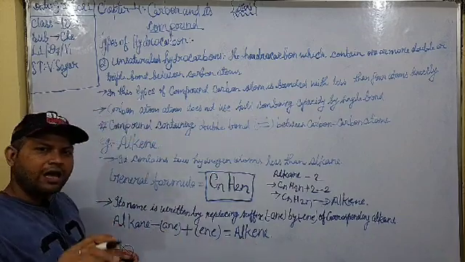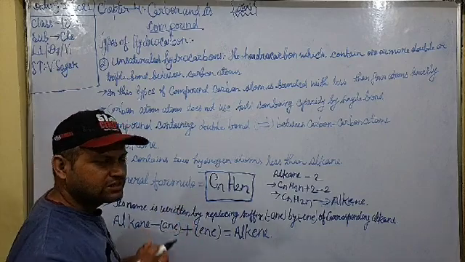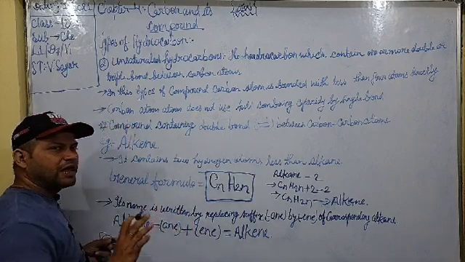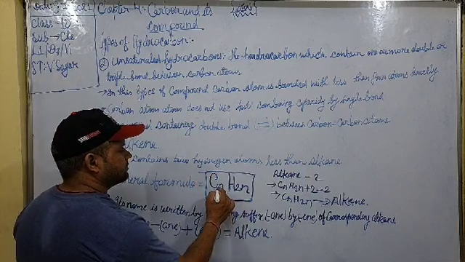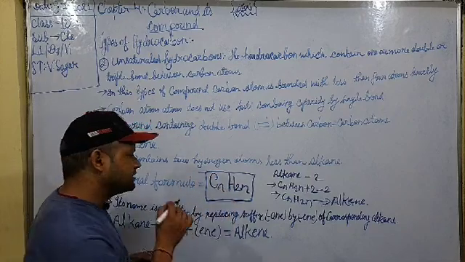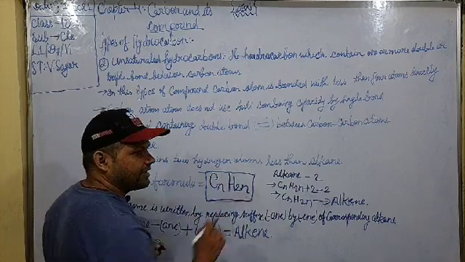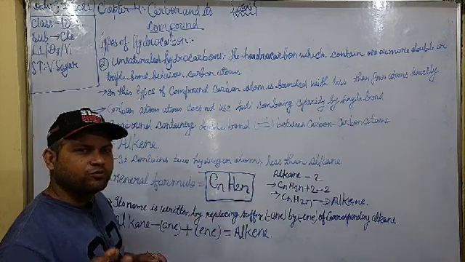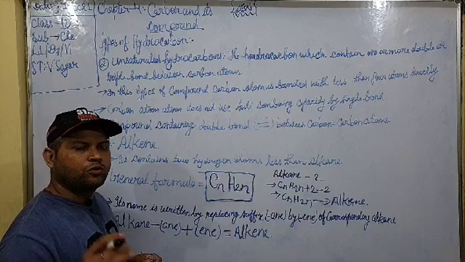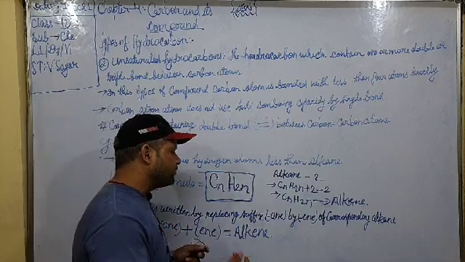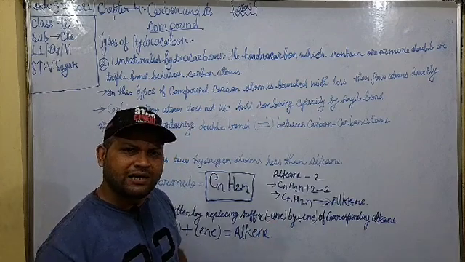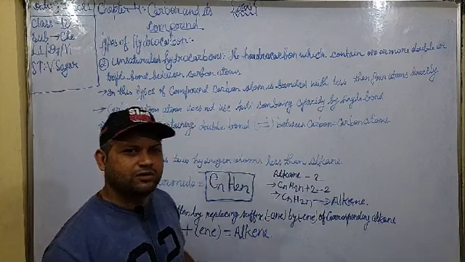Once again I am going to repeat this concept. We have to write the name of these compounds, which are formed by CnH2n. For writing the name, we have to remove the suffix 'ane' from the alkane, and what we have to add to it?